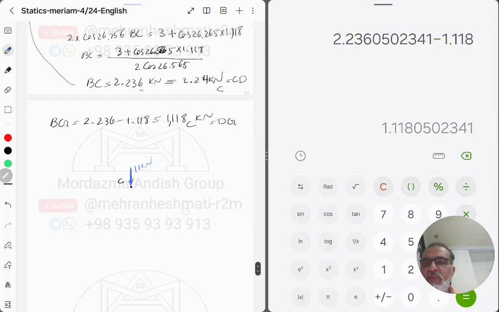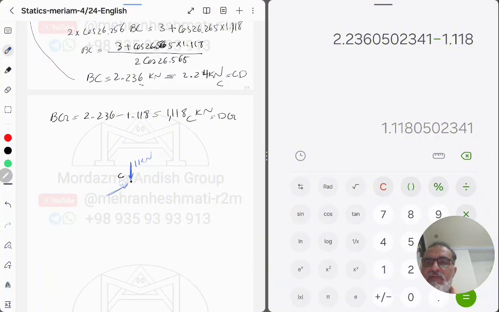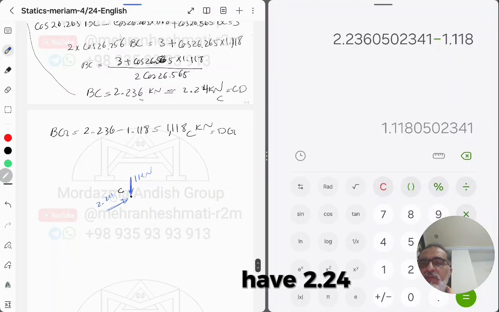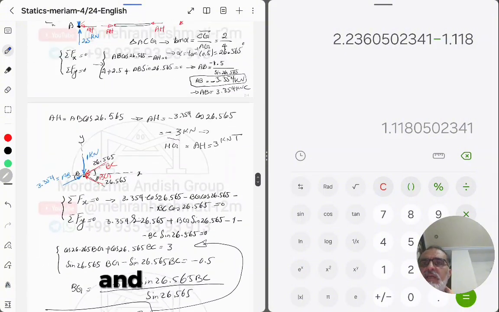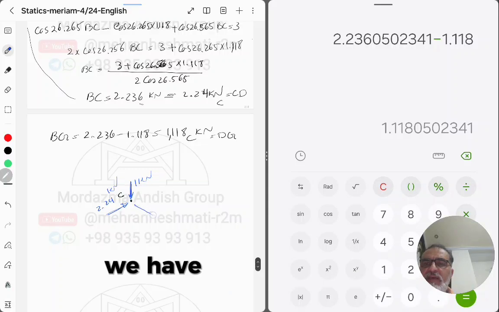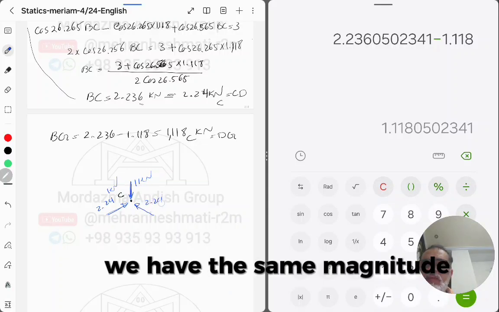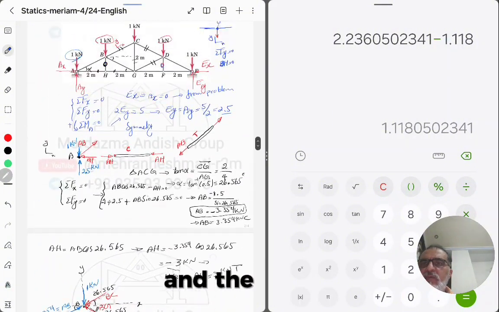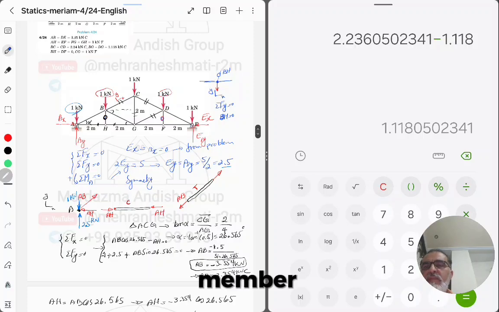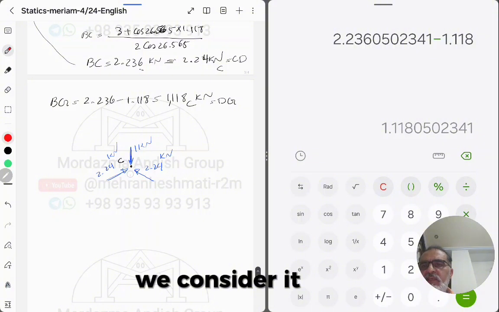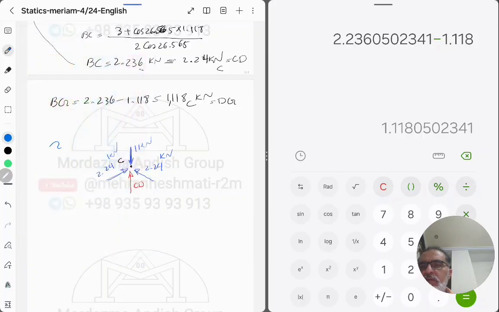And for BC we have 2.24, and also CD, because of symmetry we have the same magnitude of BC here, and the only unknown member is CG, so we consider it compression, CD.